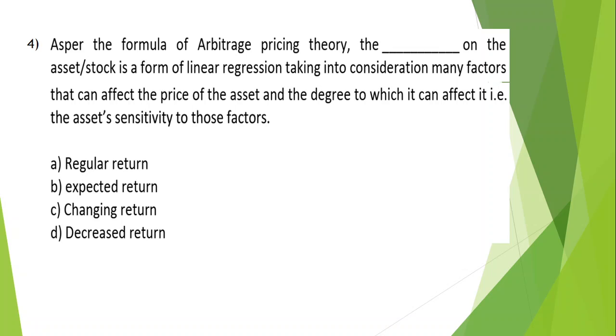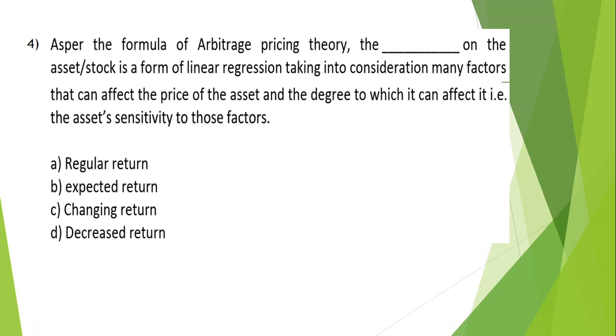Similarly, we have one more question. As per the formula of arbitrage pricing theory, the dash on the asset or stock is a form of linear regression taking into consideration many factors that can affect the price of the asset and the degree to which it can affect it, that is, the asset's sensitivity to those factors.